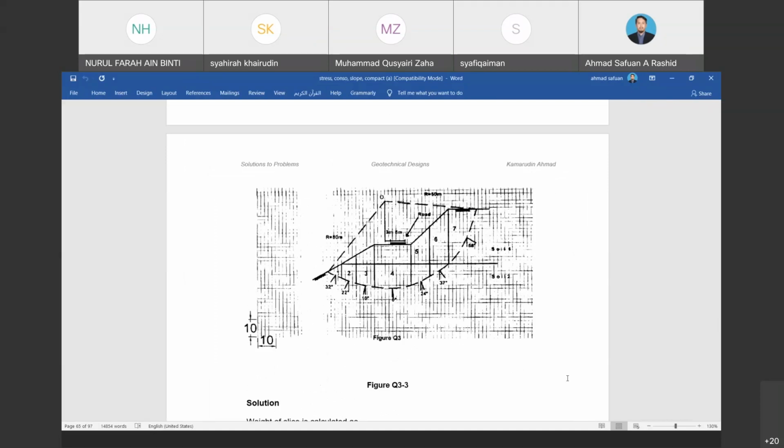If you have your protector aside, you need to use it in this example. I want to explain how to solve the problems by using this method of slices. So you must have a protector, and at the same time you need to have your compass.